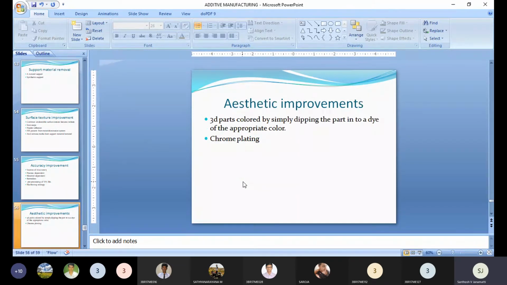Now, coming to aesthetic improvement. Yes, this is one of the important aspects the customers are looking forward to: the beauty of the 3D product. Aesthetic means beauty. Many customers expect the product to be like this or that. It should be a matte surface, a very smooth surface, with nano coating, or shining, or coloring, or design wise.